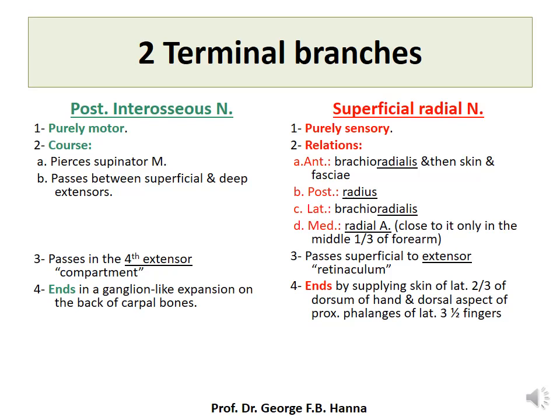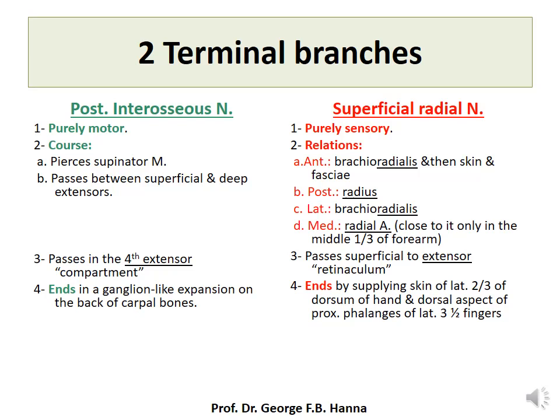As you know from your study, it passes in the 4th extensor compartment and ends on the back of the carpal bones. Superficial radial on the right side of the diagram, it is purely sensory, relations of which anteriorly is brachioradialis and skin and fascia, posteriorly is radius, lateral to it is brachioradialis again, medial to it is radial artery.